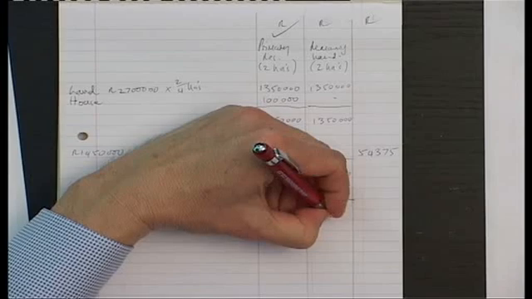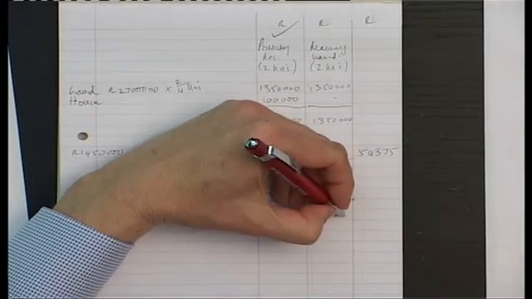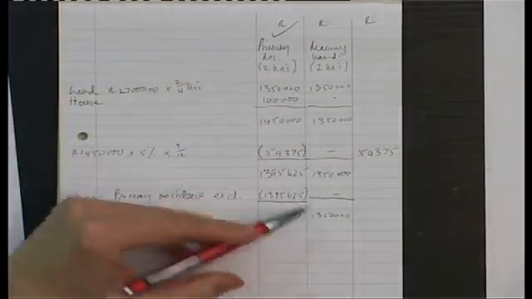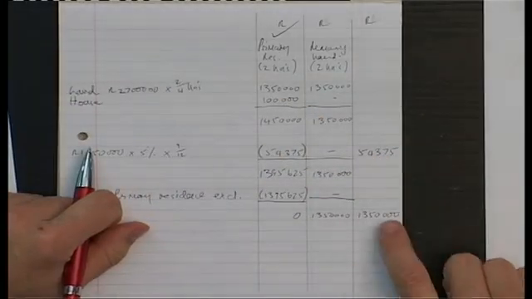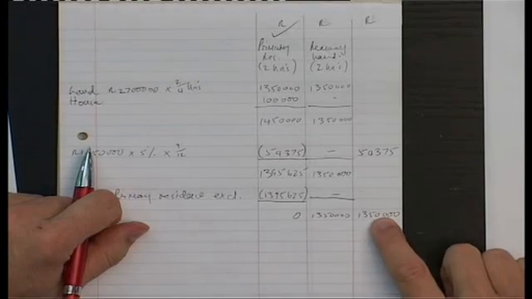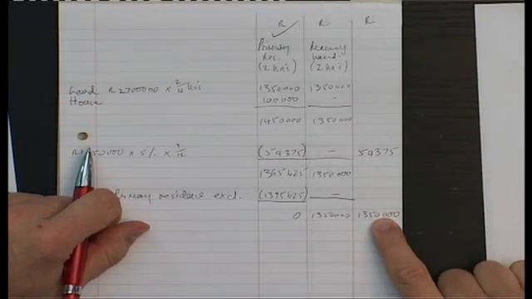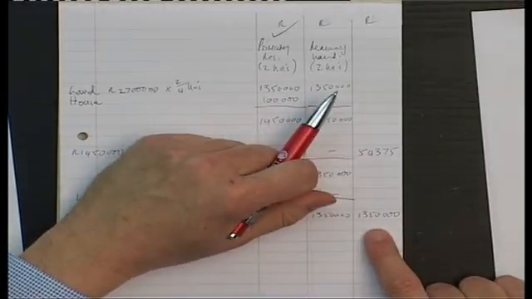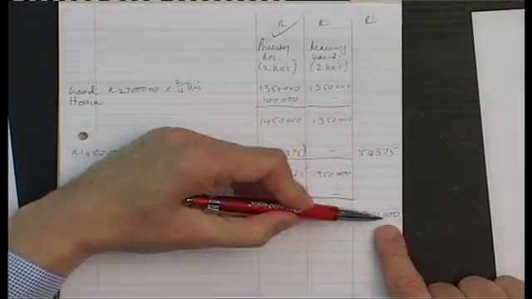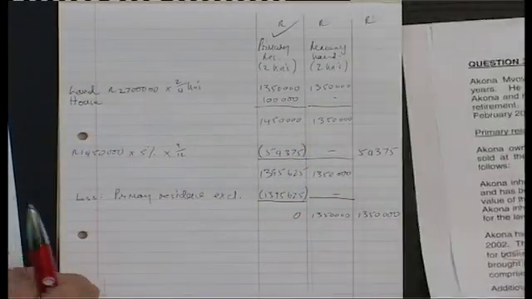So that 1,350,000, there it is, that also gets carried into the right-hand column, and that is going to be part of the aggregate capital gain, and the 2 amounts combined amount to the capital gain on the primary residence. So there, that was the section of the question.